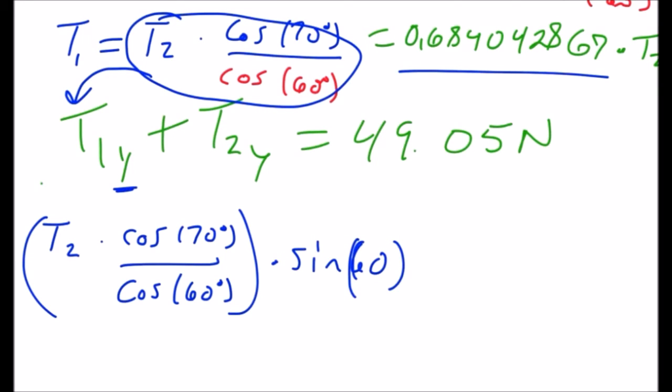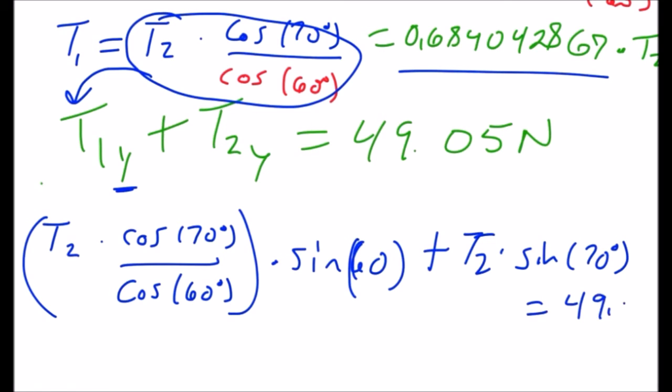Everybody cool with that? Plus, now we need T2y, so that's going to be T2 times the sine of 70, and all of that is still equal to 49.05 newtons.